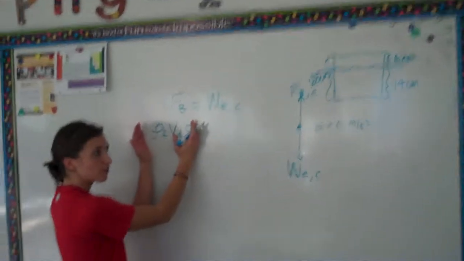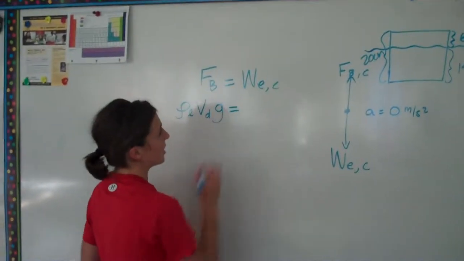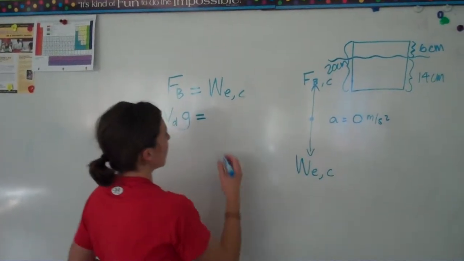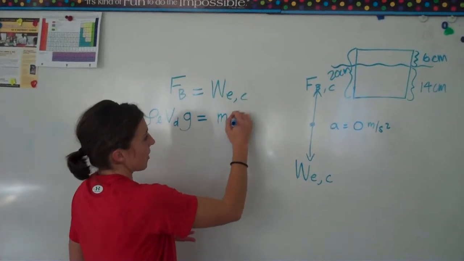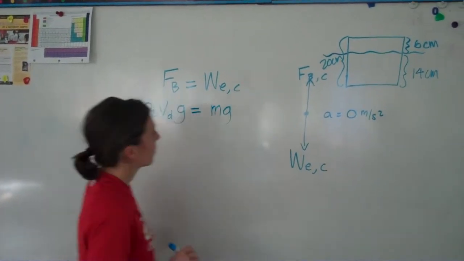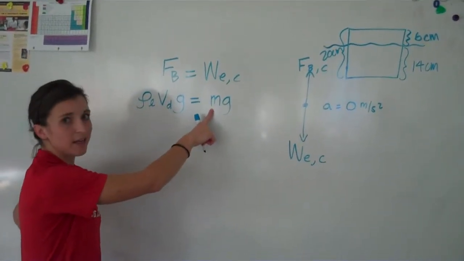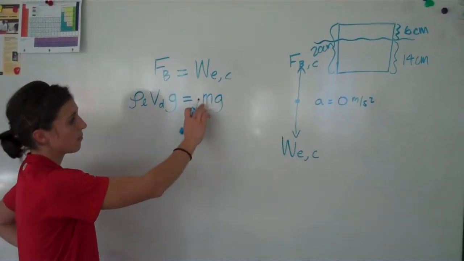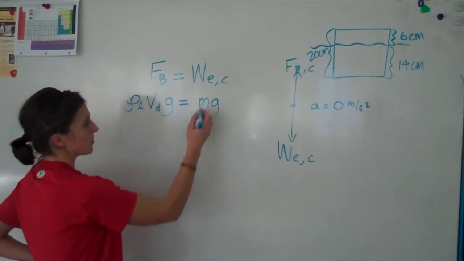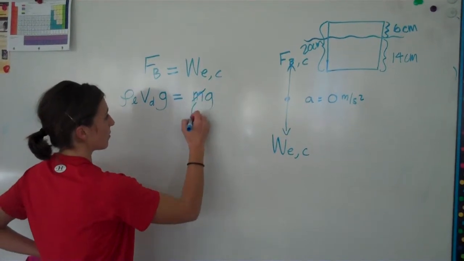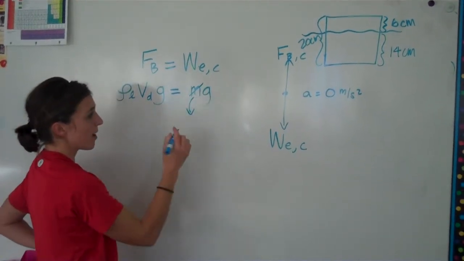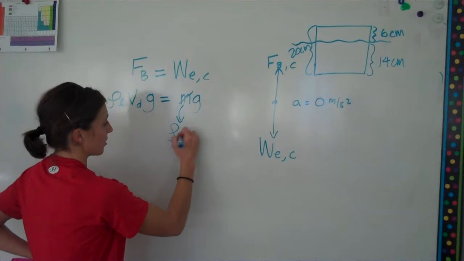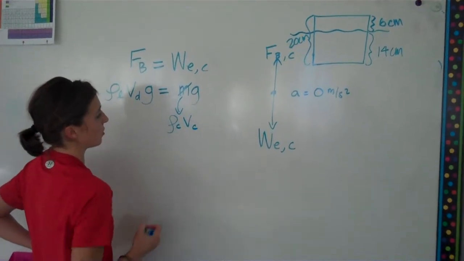So this is the weight of the fluid, and that's going to equal the weight of the cube. And the weight of the cube, we know that weight equals mass times gravity, right? Well, I don't know the density of the wood, but I can break up mass: mass is density of the cube times the volume of the cube.